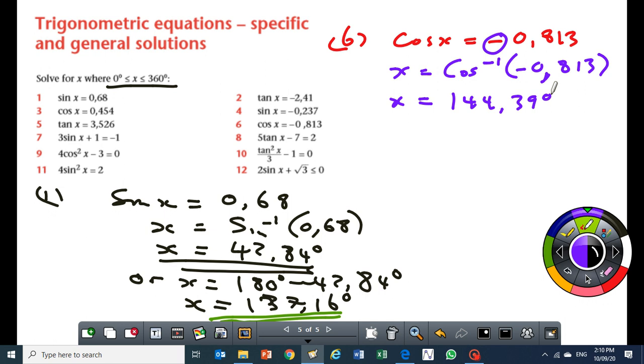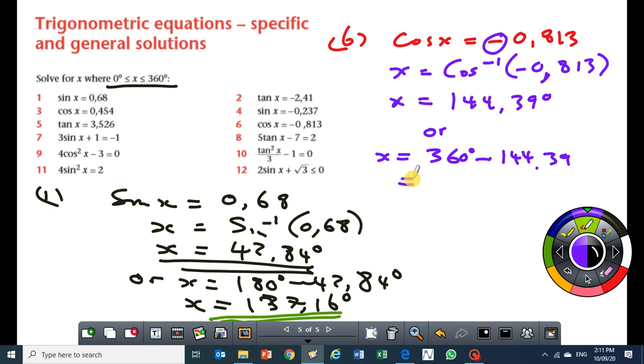Now we need an angle in the third quadrant which gives you the same answer. To get it, you subtract this 144.39 from 360. So the other one will be x equal to 360 degrees minus 144.39.